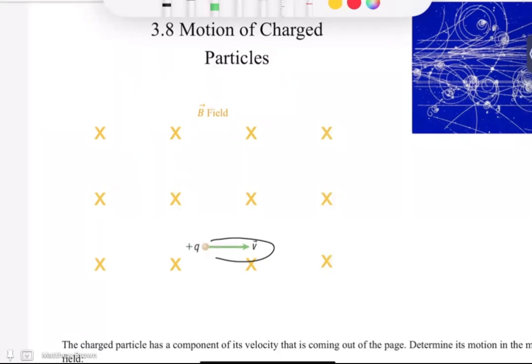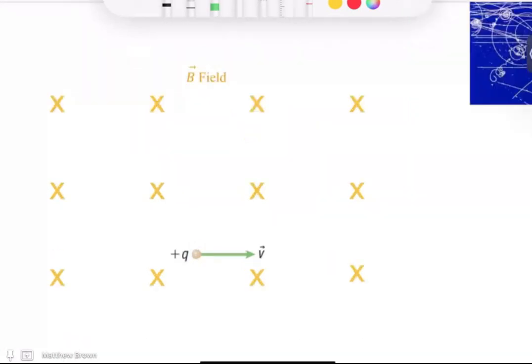So that means we have to be looking at the bottom of my right hand here, and my thumb out that way, so my fingers have to be into the page. My palm would face that direction. The palm of my right hand would face up. So that means there is a force in the up direction, which we can indicate here. Okay, there's our lovely force in the up direction.